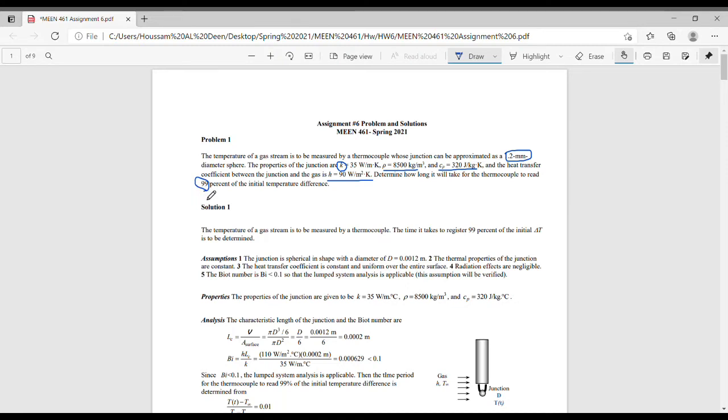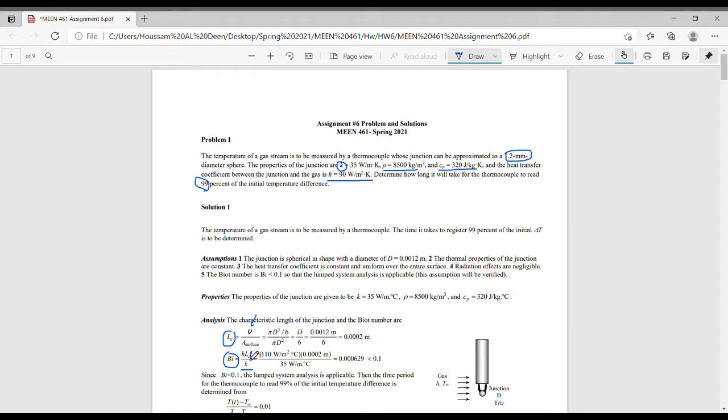So first of all, we must determine whether we can use the lumped system analysis or we cannot. To know this, we must calculate the Biot number, which is h Lc divided by k. And Lc is determined by saying that we have a volume divided by the area of the surface.